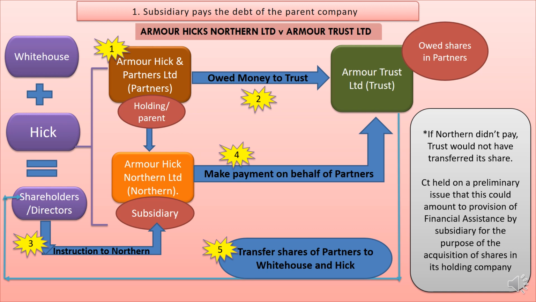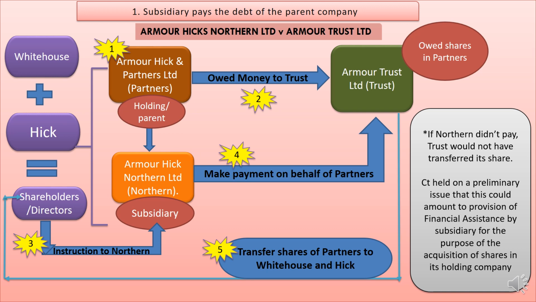All right, White House and Hicks. These two are the directors and shareholders of Partners and also Northern. So similar persons actually run both companies, the parent as well as the subsidiary company.